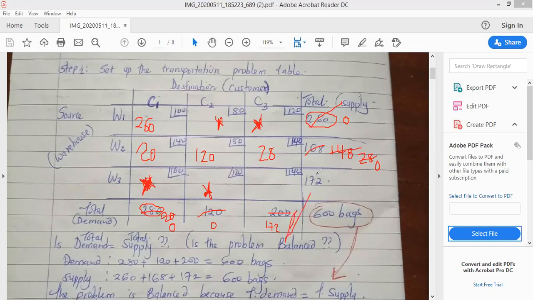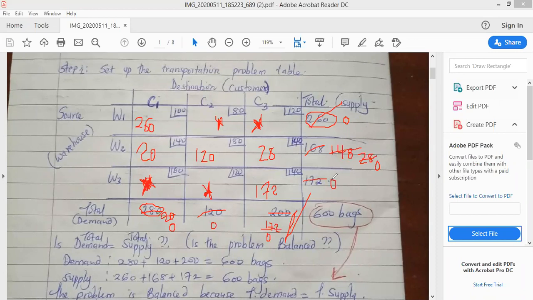It means the source W3 can comfortably give the cell W3C3 the 172 units to satisfy this particular destination out of the balance that was not satisfied. Now, the moment we have assigned the 172 units, there's no more allocation that will be possible.